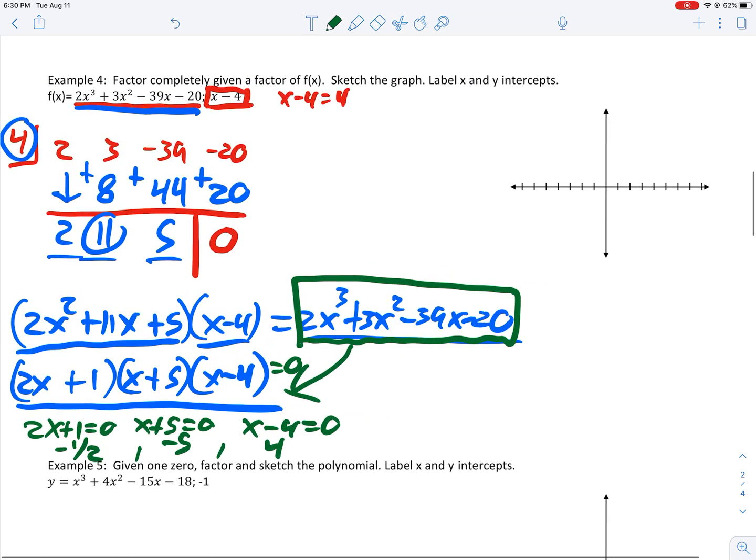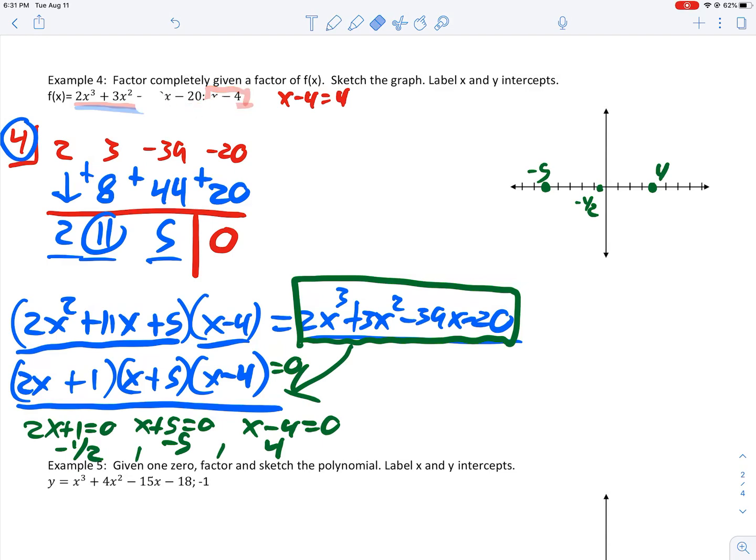So if I'm in sketch, so I got negative 5, positive 4, and negative 1/2. Okay, so now I can come back to this part in green or come back to the original, right? The original equation in standard form. So find the end behavior, 2x cubed, right?